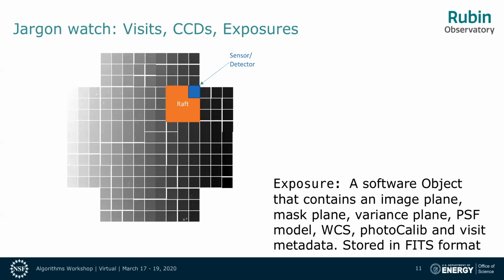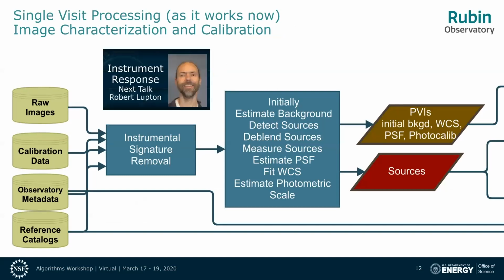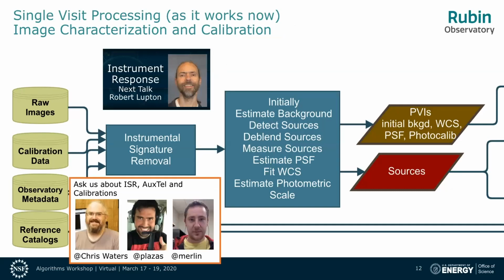Okay, back to single visit processing. The first stage in single visit processing is instrument signature removal. This is bias subtraction, flat fielding. Robert Lupton will be discussing this component next. The next stage is doing a very preliminary image characterization.